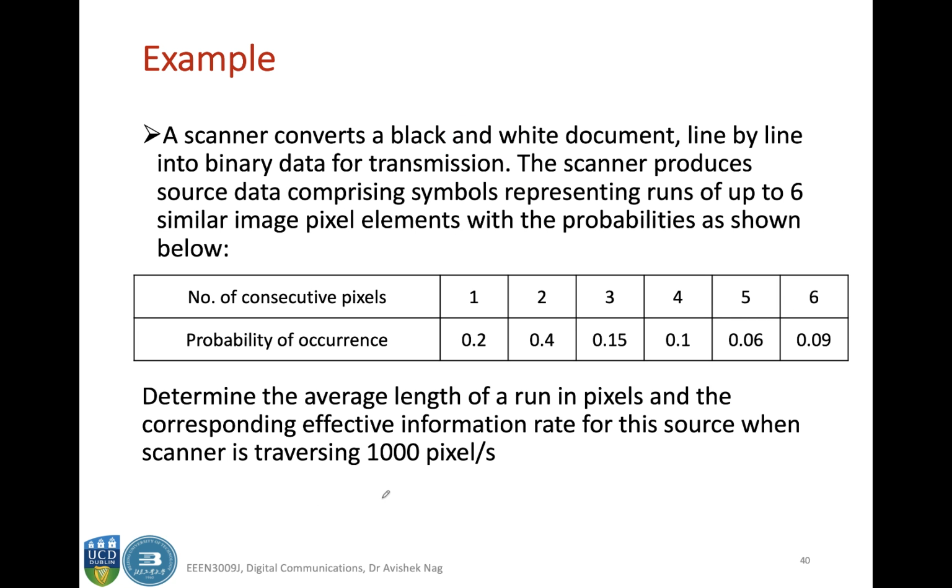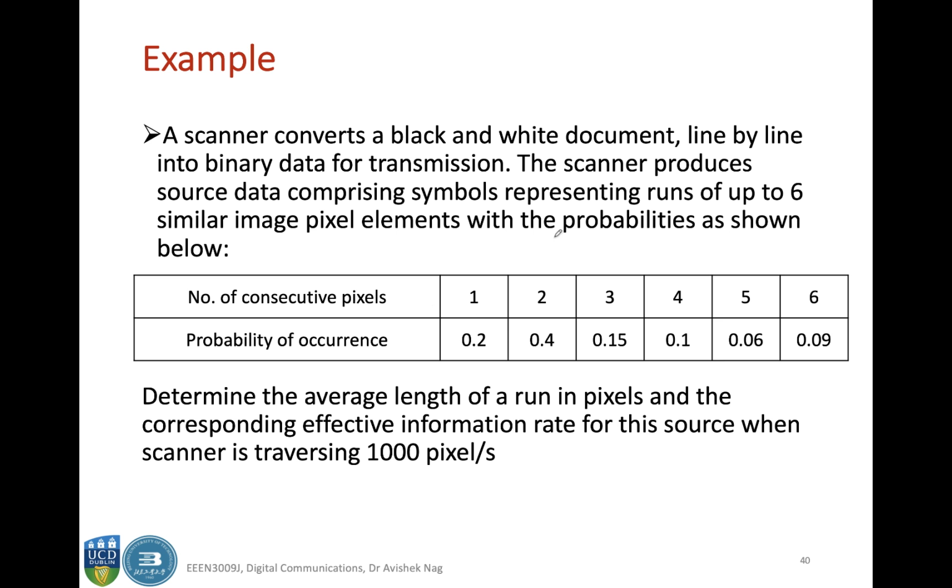So let's do an example. Let's say a scanner converts a black and white document line by line into binary data for transmission. The scanner produces source data comprising symbols representing runs of up to 6 similar image pixel elements with the probabilities as shown below. So you have this data, the number of consecutive pixels and their probabilities of occurrence.